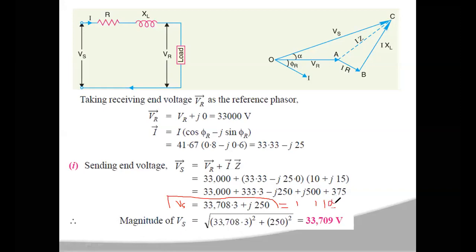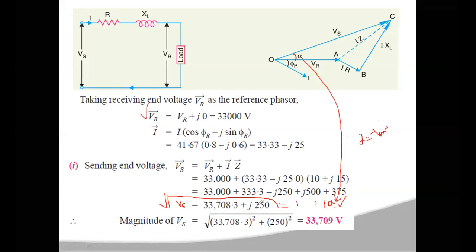Your reference is VR, so this angle is with reference to VR. So from the sending end voltage equation itself, you can calculate the alpha. That alpha value is tan inverse of y by x.